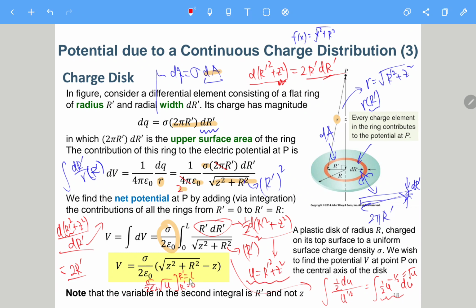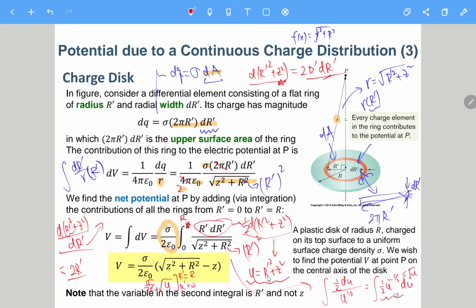If we put in r prime to be L, oh, not L. This one should be capital R instead of L. So it should be r prime from 0 to capital R.